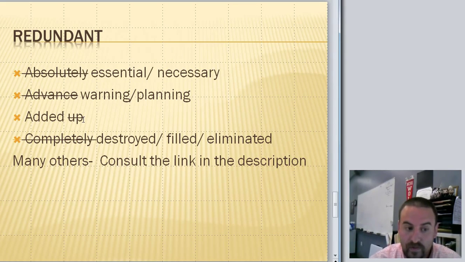Well, if you're filling something, you're filling it completely. If you're destroying something, you are destroying it completely, unless otherwise explained. You could halfway destroy something, but if you're going to halfway destroy something, you should explain it. If you say it was destroyed, well, the assumption is that it's completely gone.